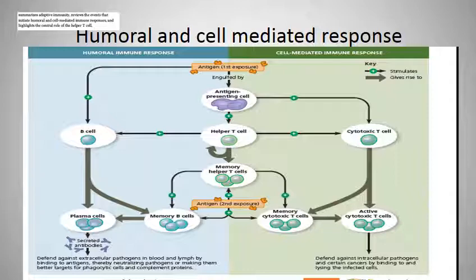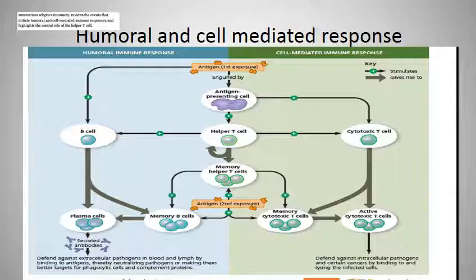The helper T cell can activate cytotoxic T cells, or it can activate the B cells. Directly also, when the antigen binds, the B cell is activated.